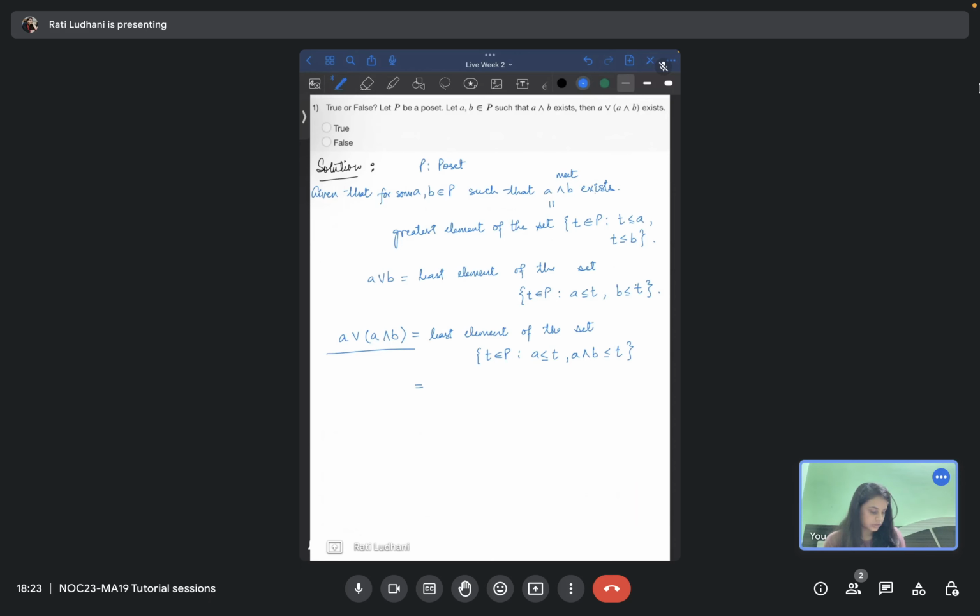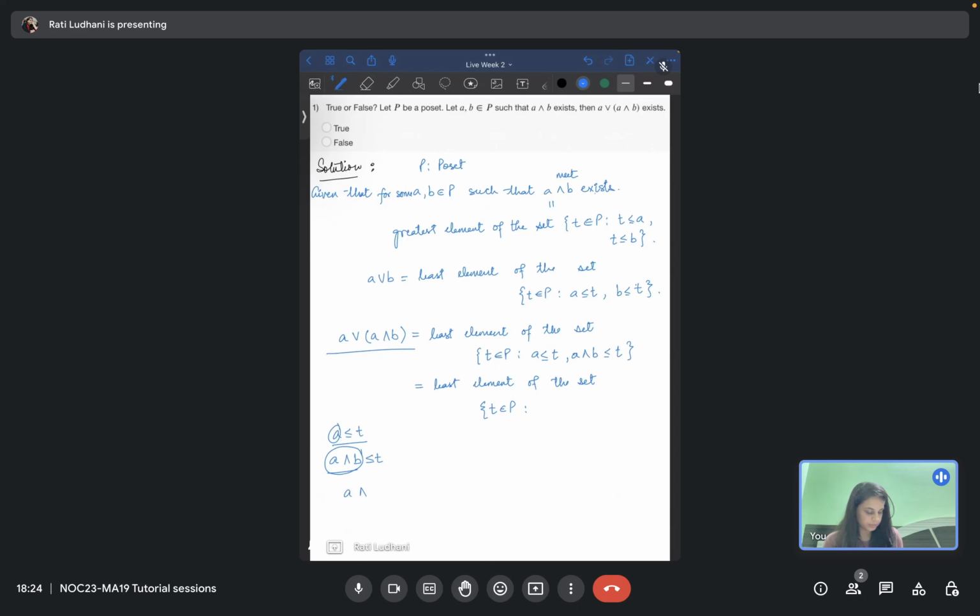Now what does that mean? What can you say about this set? Two conditions are there: A is less than or equal to T and A meet B is less than or equal to T. What do we know about A meet B and A?